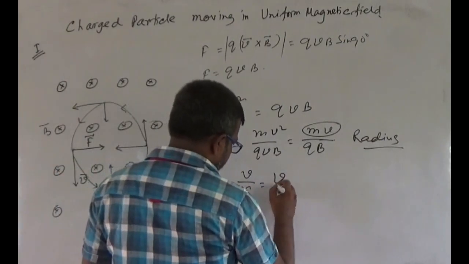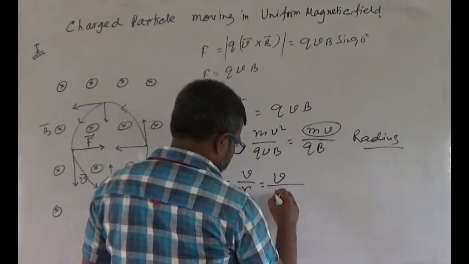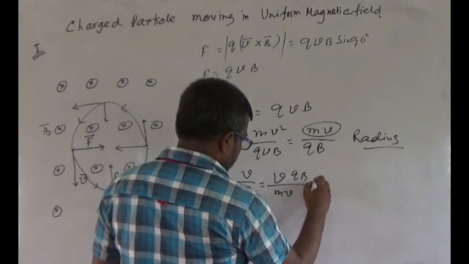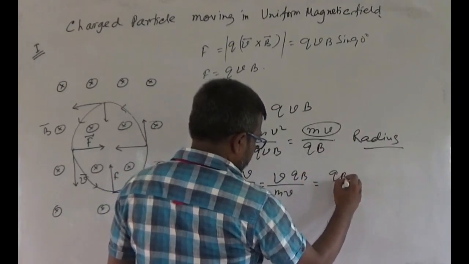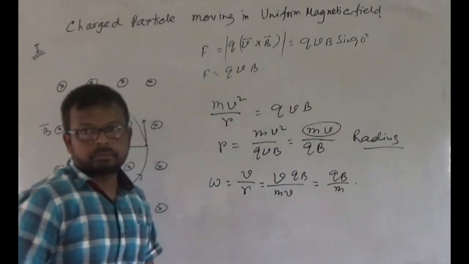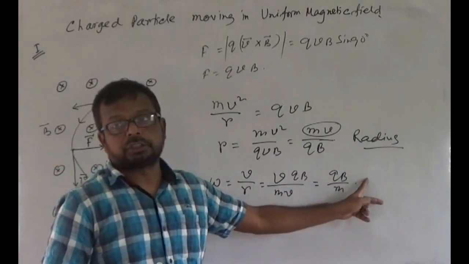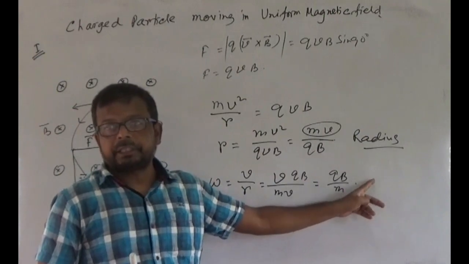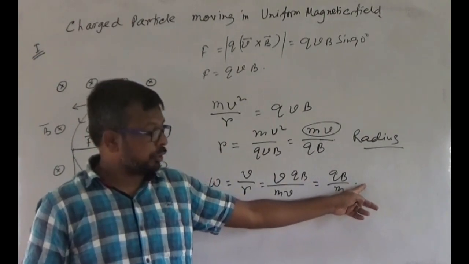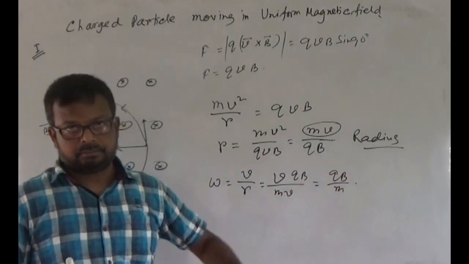So we can write v divided by r is mv by qB, or you may write qB by m. And see here, angular frequency is independent of velocity, that means independent of energy.